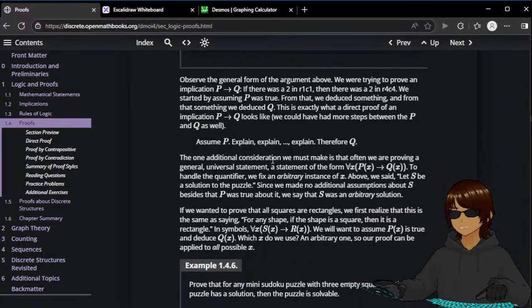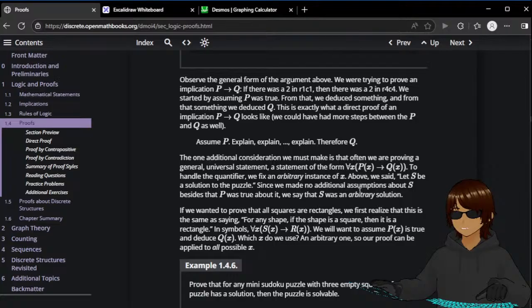One additional consideration we must take is that often we are proving a general universal statement, a statement of the form for all x, P of x implies Q of x. To handle the quantifier, we fix an arbitrary instance of x. Above, we said let S be a solution to a puzzle.